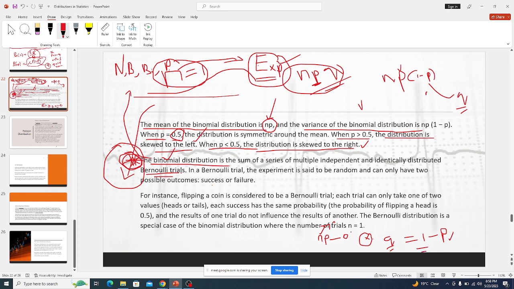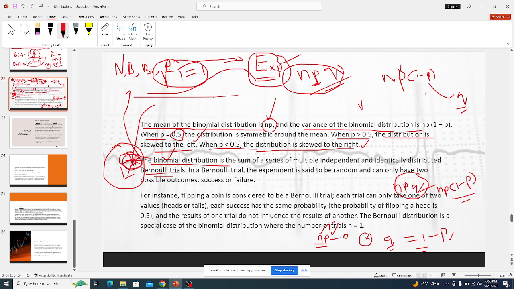The other one we talked about, this was the mean. We talked about the variance, and for variance we said it is given by npq. This was the formula for variance, and this can be rewritten as np multiplied by 1 minus p.